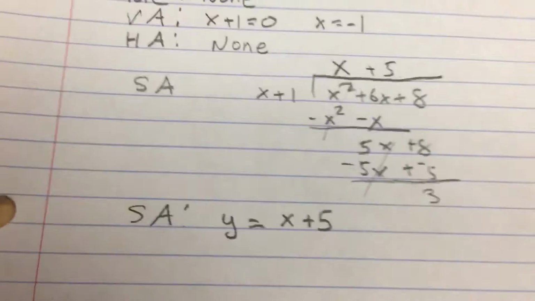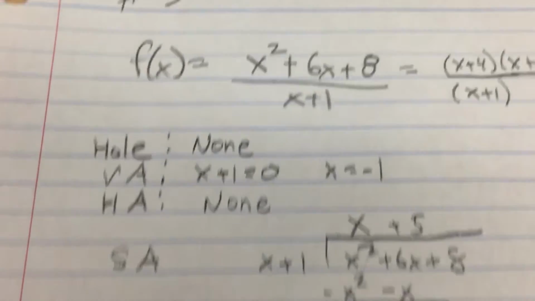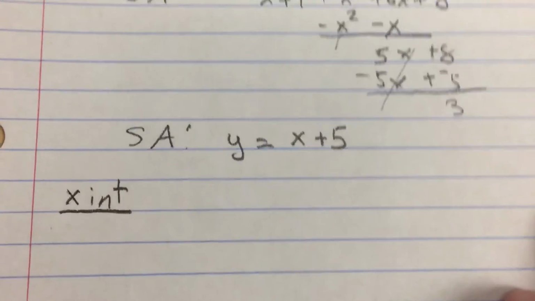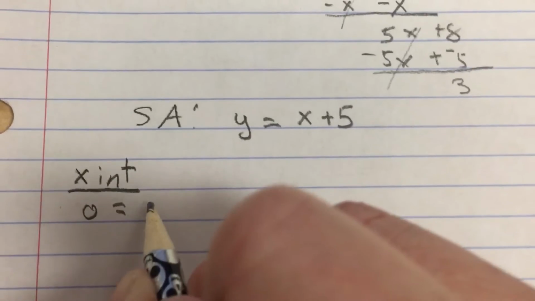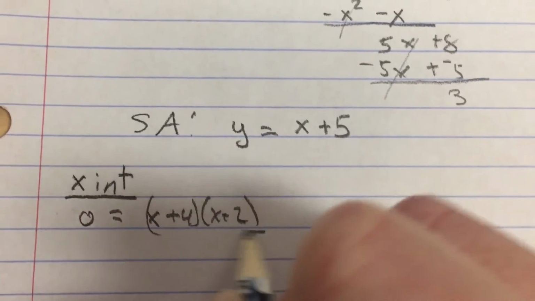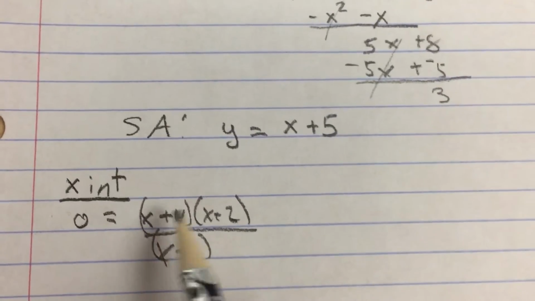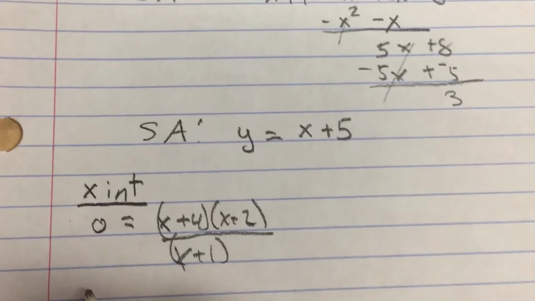Okay. We still want to find x-intercepts. For the x-intercept, I'm going to set this whole thing equal to 0. So 0 is equal to, and I'm already going to set it equal to the factors. Hopefully you've caught on that basically for x-intercepts you're just setting your numerator equal to 0.